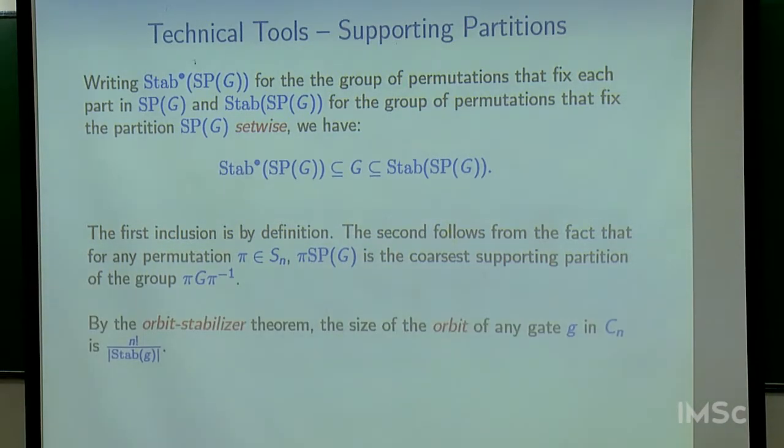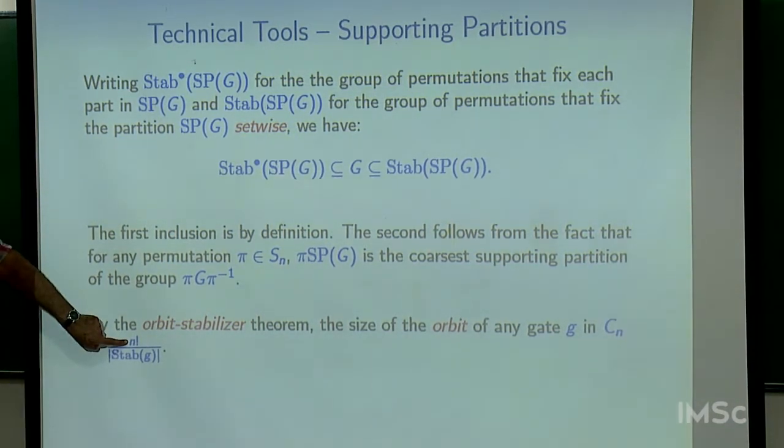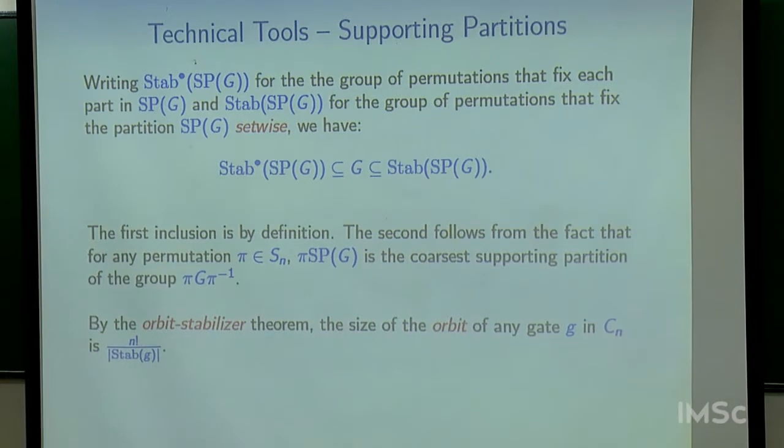Now we know that the orbit of any gate in C under the action of the automorphisms is given by this, right? It's the size of the symmetric group divided by the size of the stabilizer of G. This is just the orbit-stabilizer theorem.